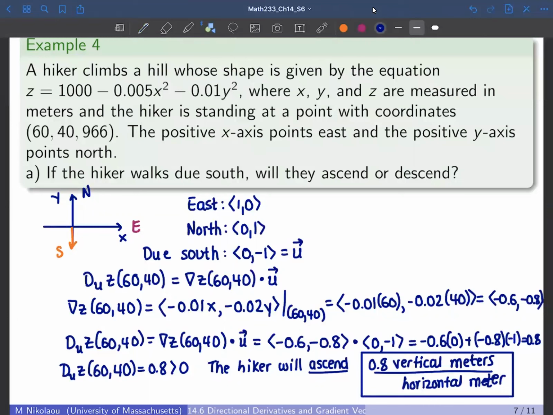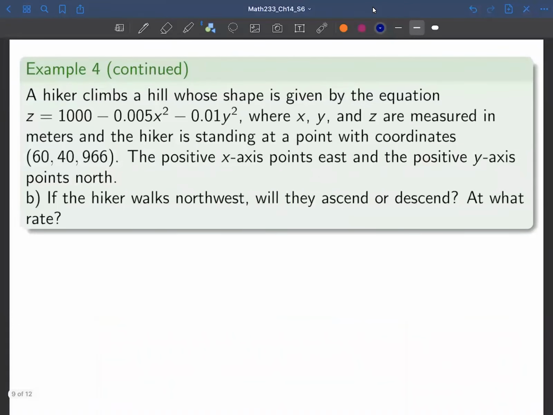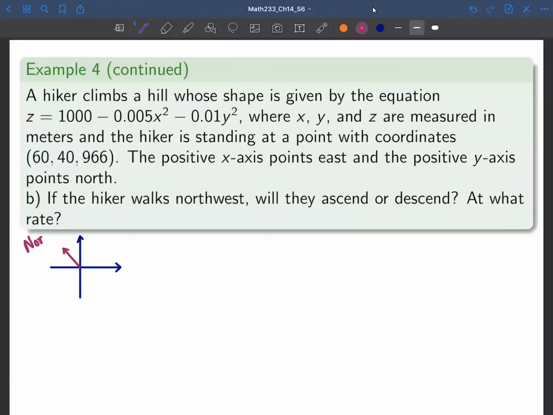Let's see what happens if the hiker walks in a different direction. Now we are told that the hiker walks northwest. Again, with a simple sketch, northwest will be this direction. One of the vectors that can represent this direction is the vector -1, 1.